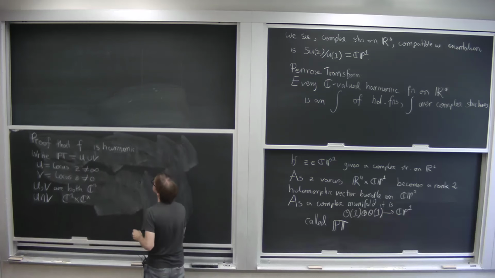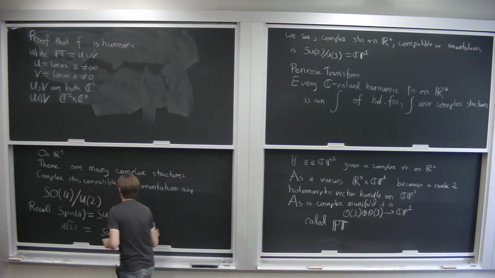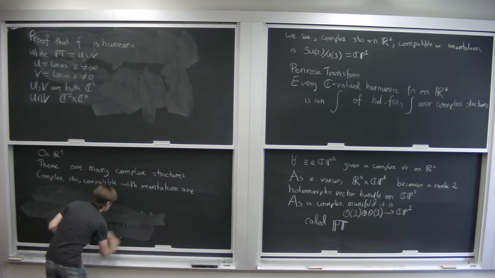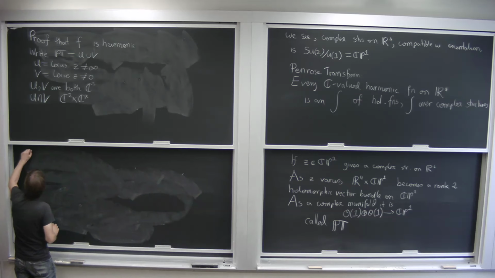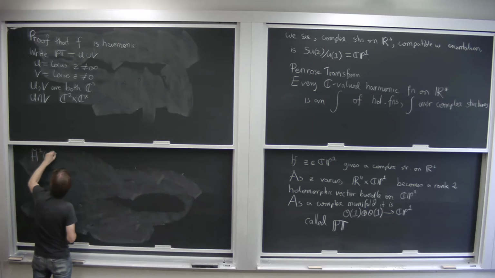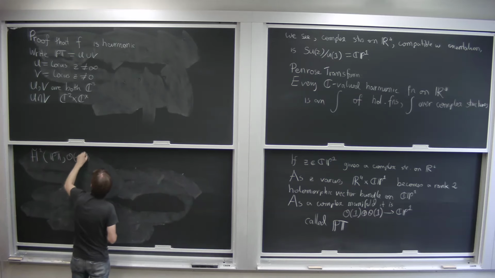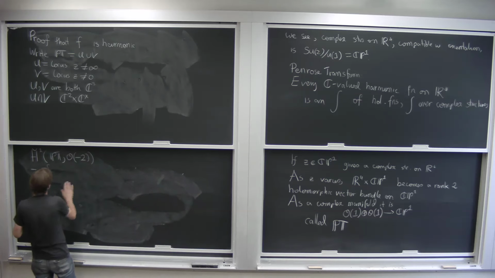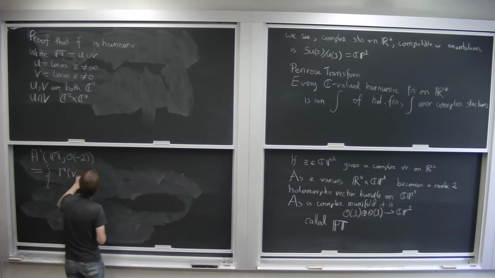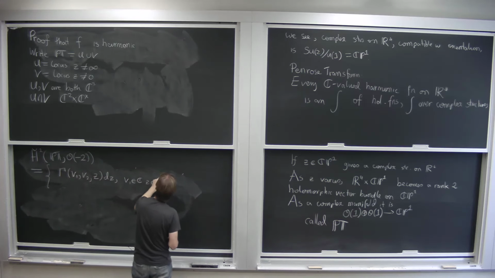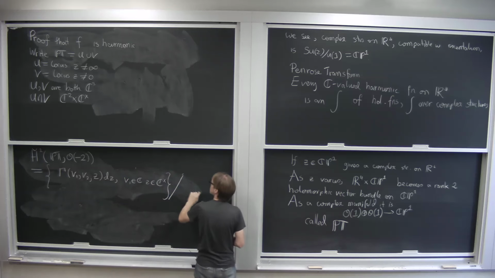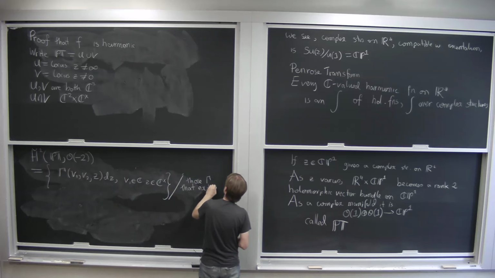Now, check H1 is equal to the collection of functions like this, gamma of v1, v2, z, dz, where the v_i are in C and z is in C star, modulo those gammas that extend over 0 or infinity.